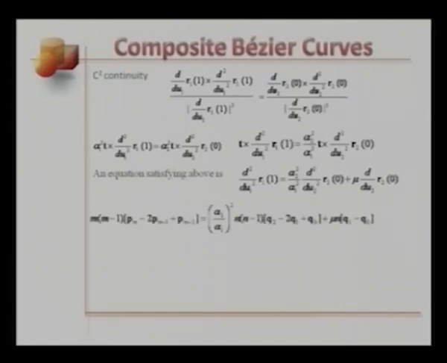Let's go further. We know how to compute the first derivative, the second derivative, and so on and so forth of these Bezier segments. Let's try to plug in those expressions directly into this condition, or rather this condition here.